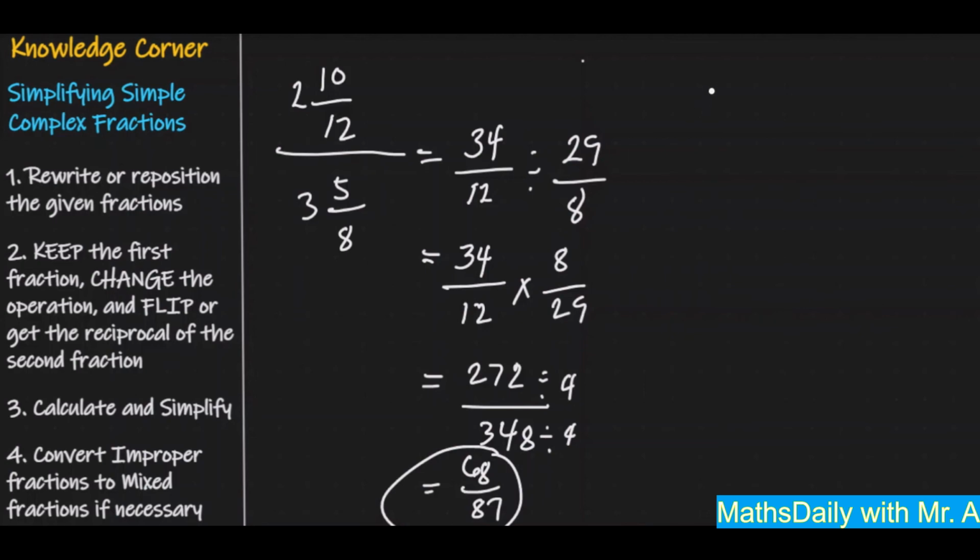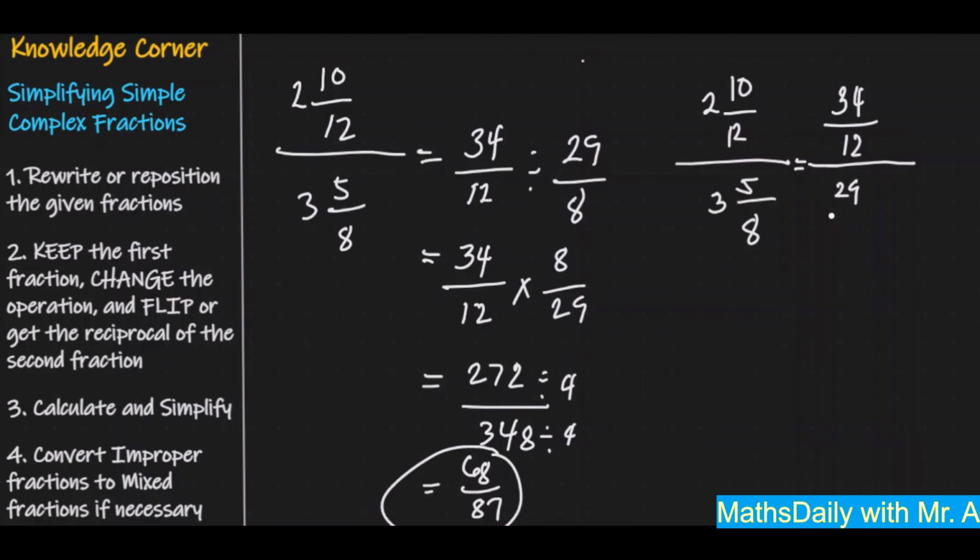Another way to simplify this complex fraction is through finding the LCM. 2 10/12 divided by 3 5/8. 12 times 2 is 24 plus 10 is 34 over 12 divided by 8 times 3 is 24 plus 5 is 29 over 8.